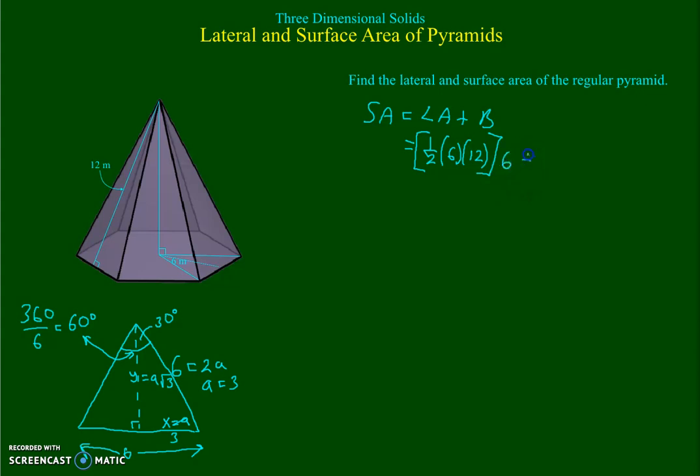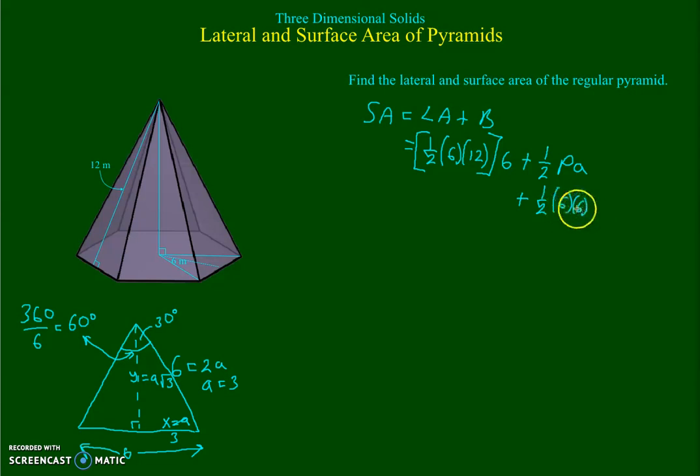And then we add to that the area of our base. And our base is a regular polygon. So that area is 1/2 pa, 1/2 perimeter times apothem. The perimeter is 6 times 6 sides.